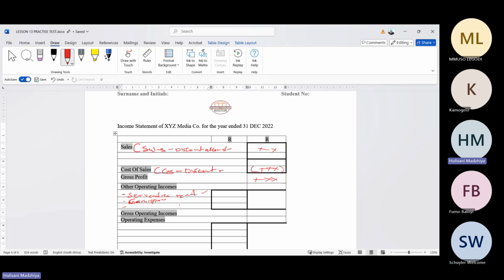This is your building that you operate in, but you do not fully occupy it, so you rent it out. Because that building is part of your operating premises, rental income will form part of your operating income. So those are other income that you can include there. If the company decides to sell its asset, let's say we sell our equipment because we want to buy a new one, the income received on selling that equipment will also form part of other operating income.